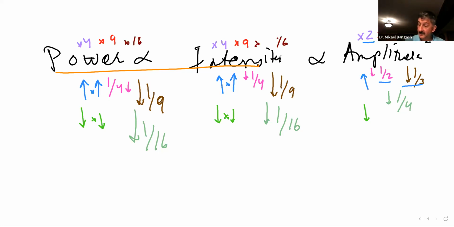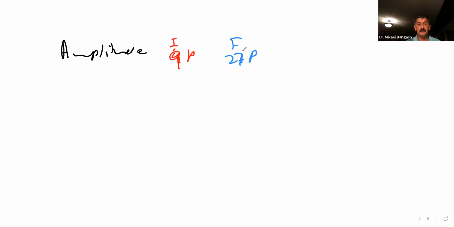In the same question, if it was the other way around, we can just flip it around and say the amplitude is not decreased, it is increased. So the initial was, let's say, 9 pascals, and the final amplitude is, let's say, 27 pascals.